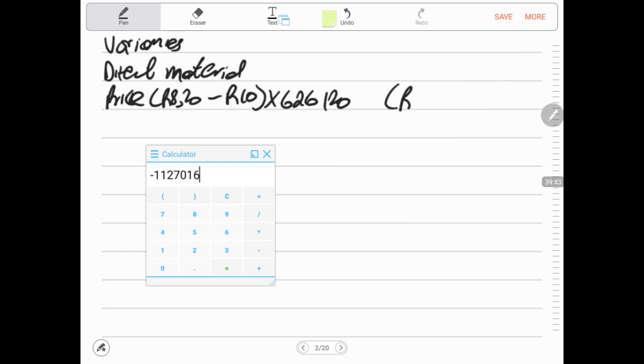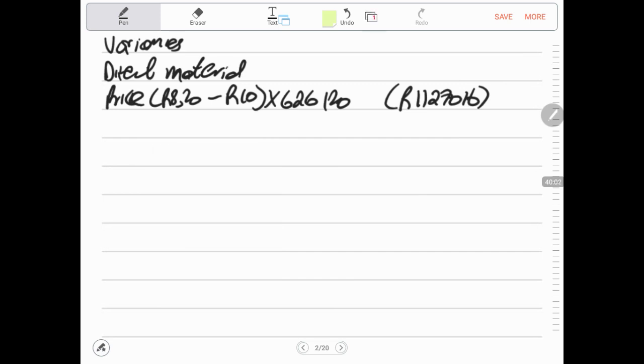And this unfavorable variance is 1,126,016. That will be an unfavorable variance.